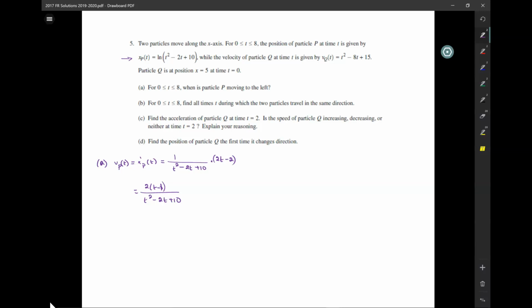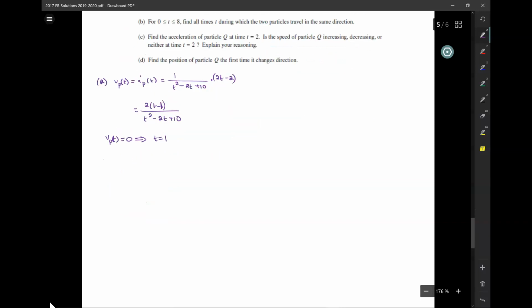If I want to check when the particle is moving to the left, I need to set Vp of t equal to 0, and that means t is equal to 1, right? My time interval is from 0 to 8, and this is t equals 1.